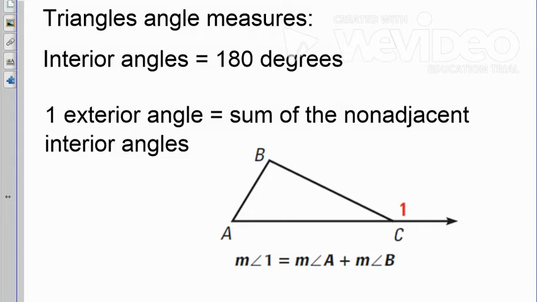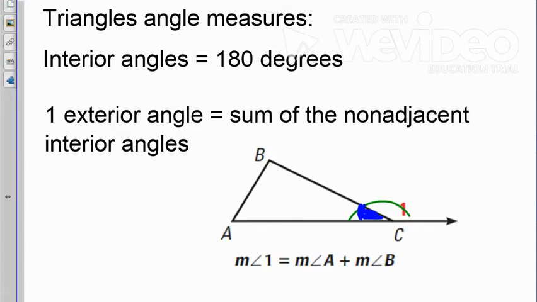Because if you guys think about it, we know that these two angles have to be 180 degrees, okay? So whatever this angle is, whatever's left is going to be 180 minus this angle here, right? Because we're taking away one angle from the total 180. So whatever's left has to be this.